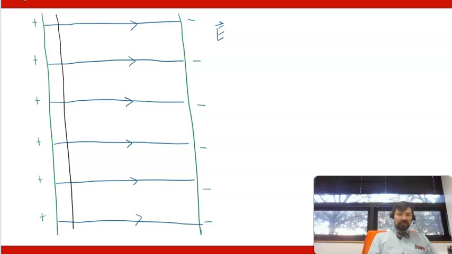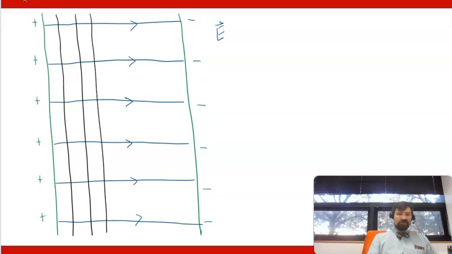And so this right here would be one line. I would get another line maybe right here, and so on. And they would basically just all be equally spaced, oriented perpendicular to the field lines everywhere.